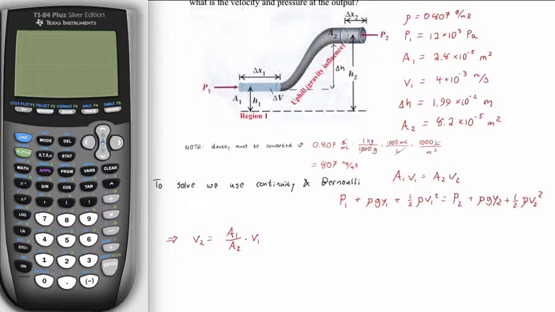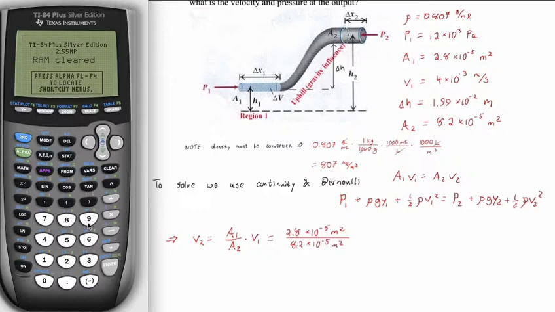So we can finish this one off right away. Going to the calculator, A1 is 2.8 times 10 to the negative 5 square meters, A2, the wider section, is 8.2 times 10 to the negative 5 square meters, and our initial velocity was 4 times 10 to the negative 3 meters per second.